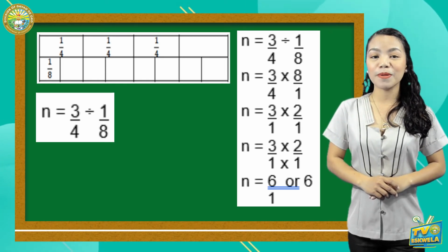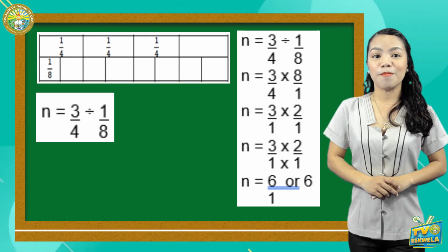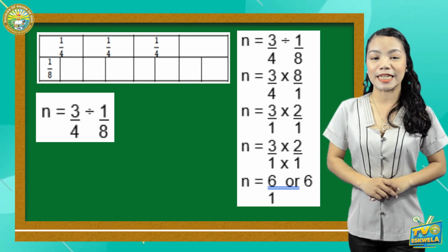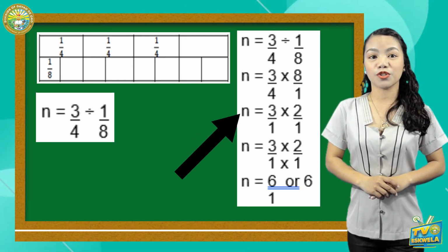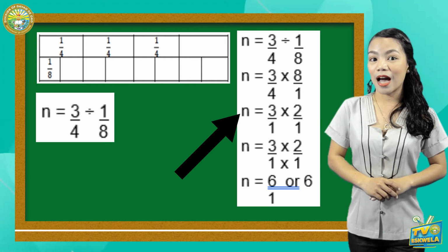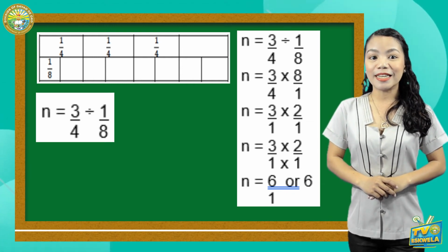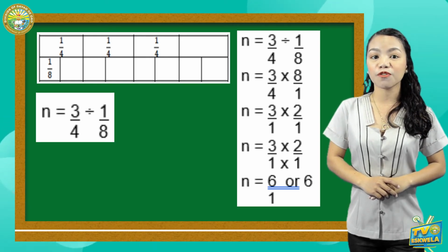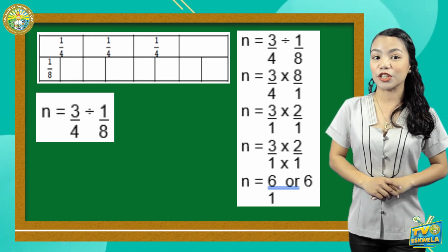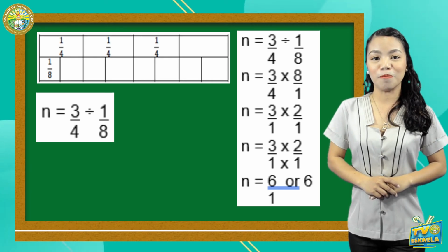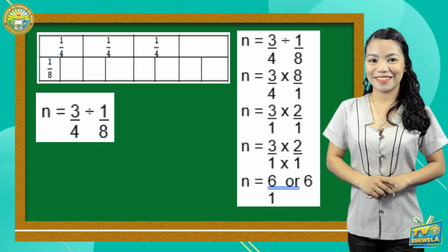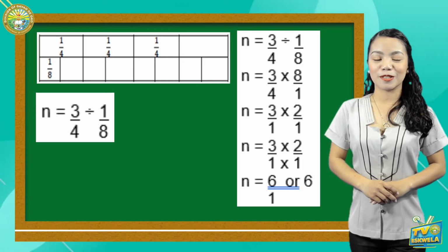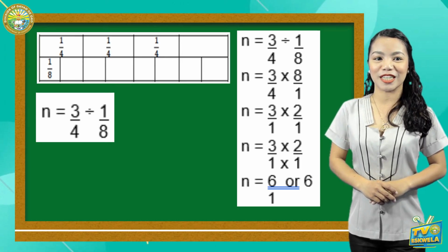We shall simplify our factors, making our number sentence n equals 3 over 1 times 2 over 1, since both denominator 4 of the first factor and numerator 8 are divisible by 4. And we proceed to multiplication of fractions.